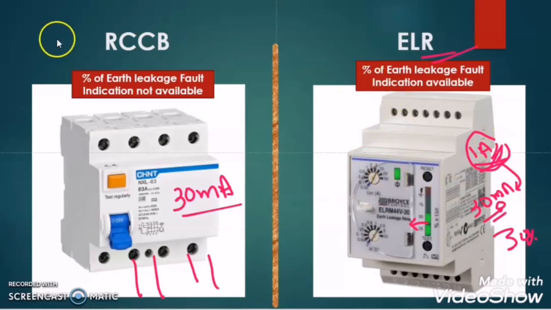Hope you got the difference between the RCCB and ELR. I want to highlight one more point here: not all ELRs come with this graph indication, but most ELRs do, but no RCCB is available with such a facility.